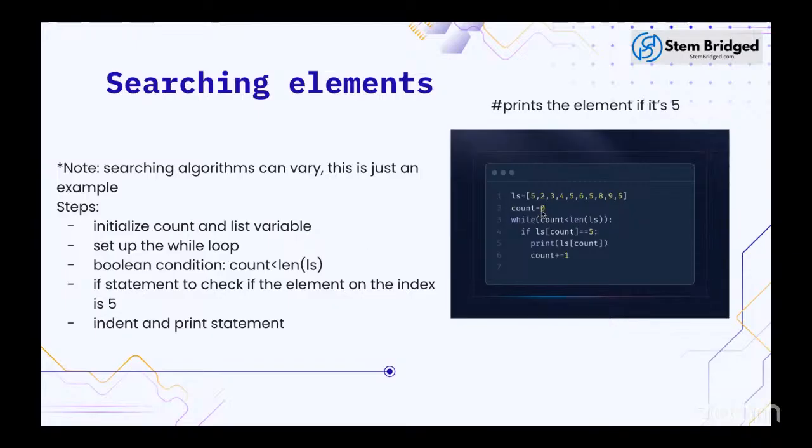So you initialize a count variable, you set up a while loop, and while the count is less than the length, if that index is equal to the element that you're searching for, in this case 5, then you will print 5. I think you want to print the index, so you shouldn't have ls, and then you would increment count. Also, the increment count isn't supposed to be in the if. You should always run that no matter what.